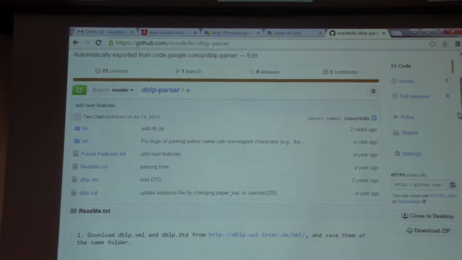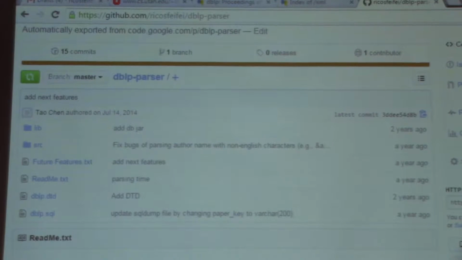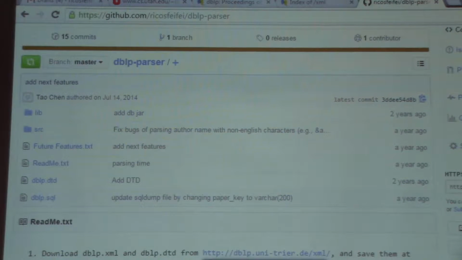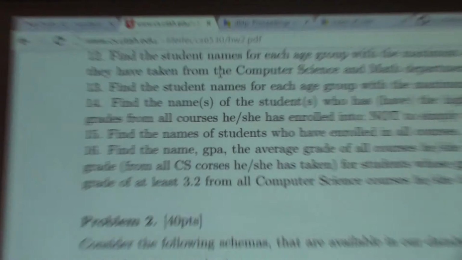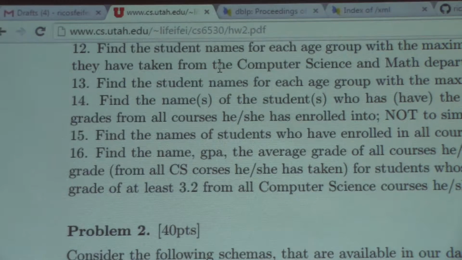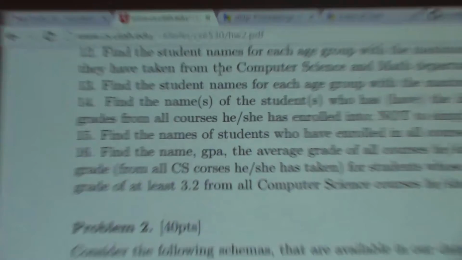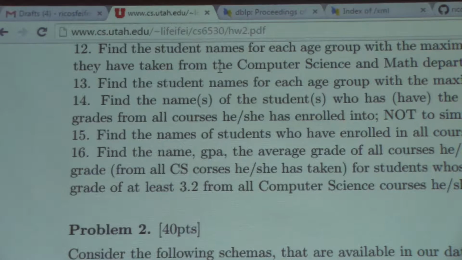If you're interested, you can download this. This is one of the public repositories I have over there. So we parse this and dump this into our database server. It's a real database with all the DB records. We have, I think, millions of papers, maybe even close to 10 million papers, and there are citations and authors and conferences and so on and so forth.